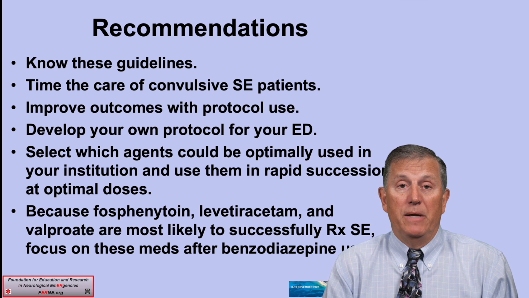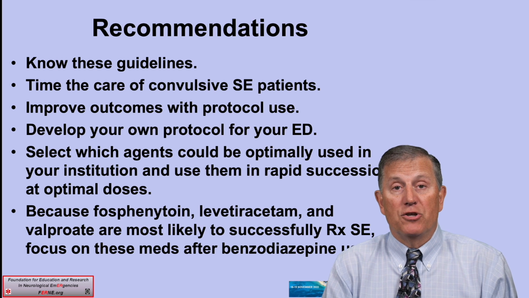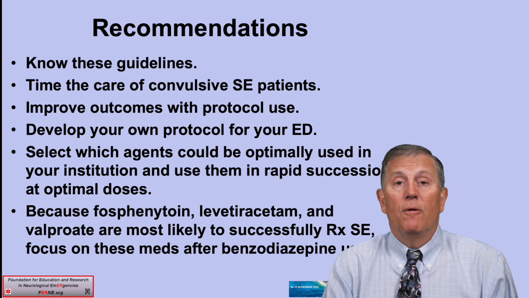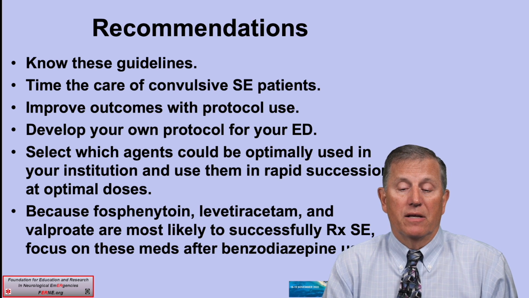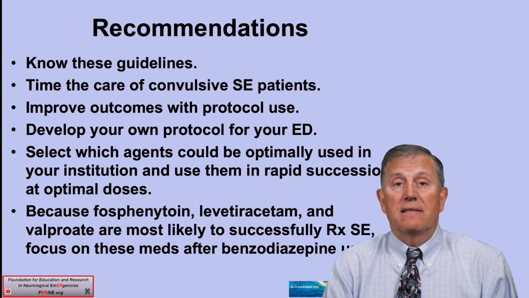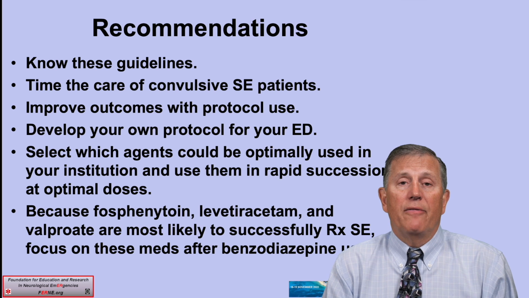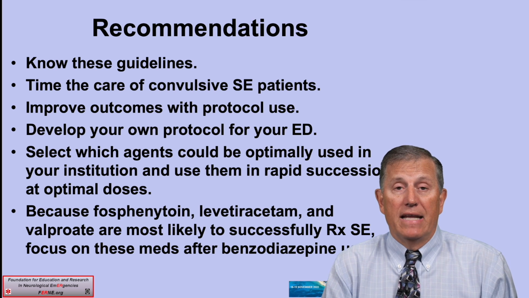Following that, it should be important to have at least 1 second therapy medication available and 1 third phase medication available for the treatment of patients with ongoing seizures and status epilepticus. How do you make that selection? You select which agents could be used based on their optimal use within your institution and use them in rapid succession at optimal doses.